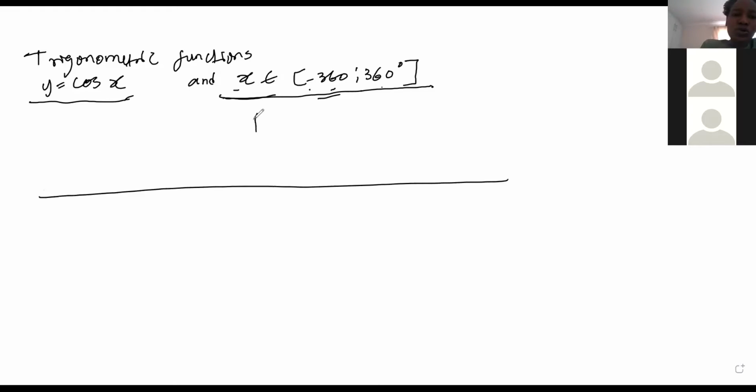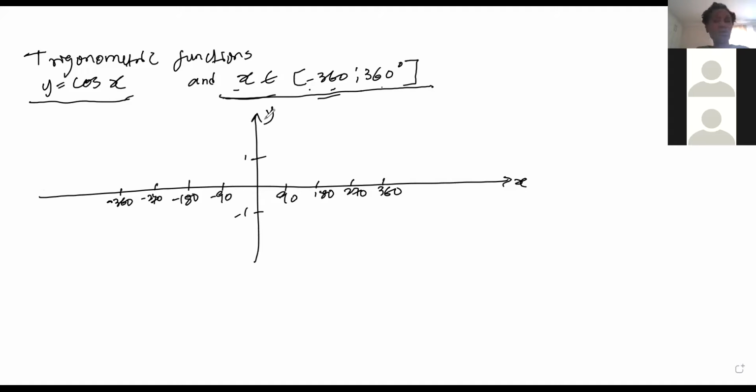Okay, so we've got cos x. So let's try to draw y equals cos x. So minus 90, minus 180, minus 270, minus 360. Then 90, 180, 270, 360. This is 1, minus 1. That's your x and your y axis.